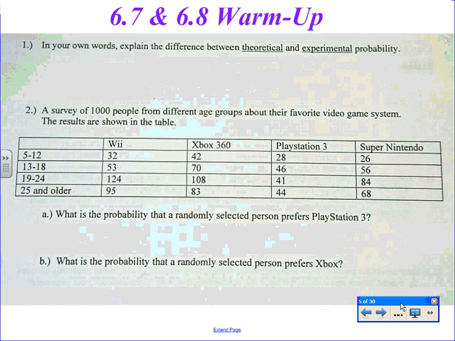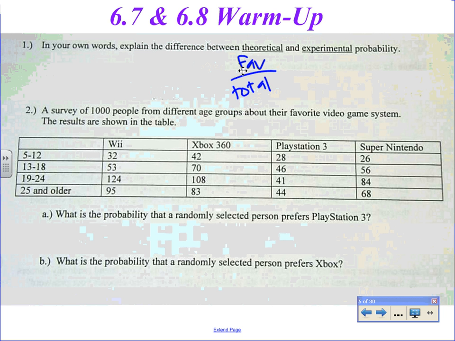Does anyone remember the fraction or like the little formula that we use for theoretical, or what is the fraction that we use for experimental? Neil, do you remember? Good. Yes, good. And experimental? Nope. You can consider it kind of the same thing. Number of what?